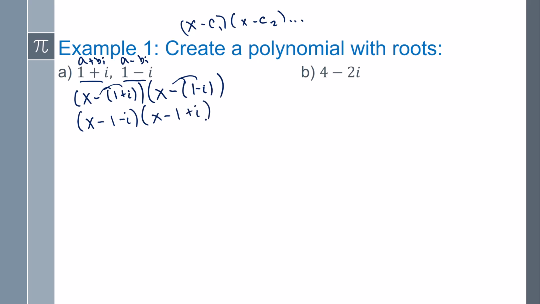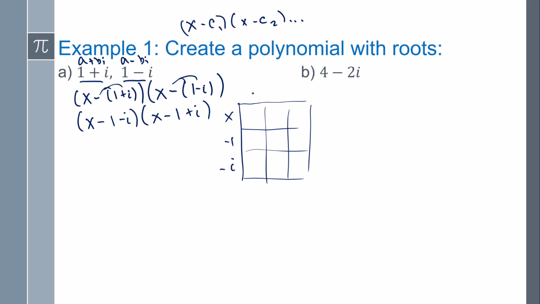Now, I know we haven't really multiplied when there are 3 terms. If this grid helps, you put all the values in. x times x is x squared, right? So you can go through and do that. I just distribute each term with every term here.